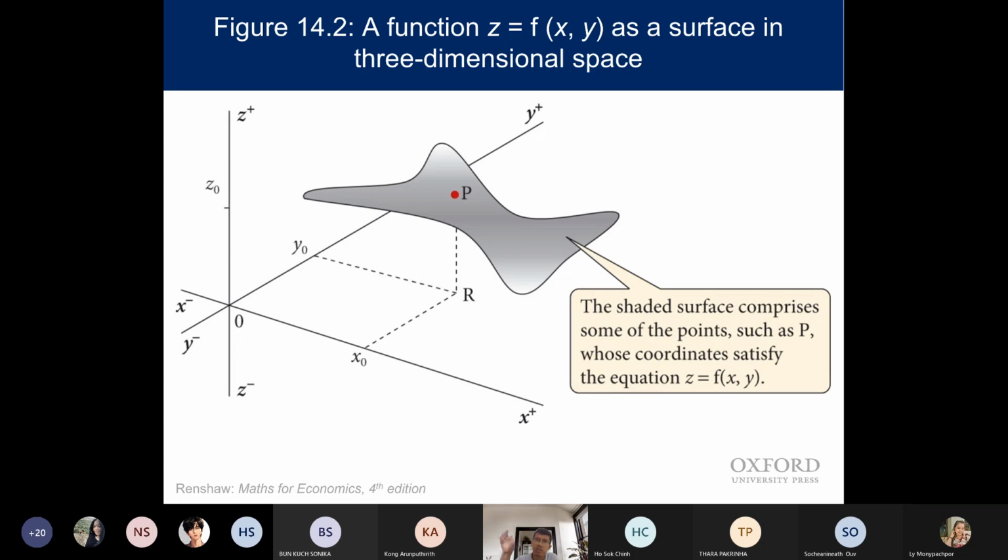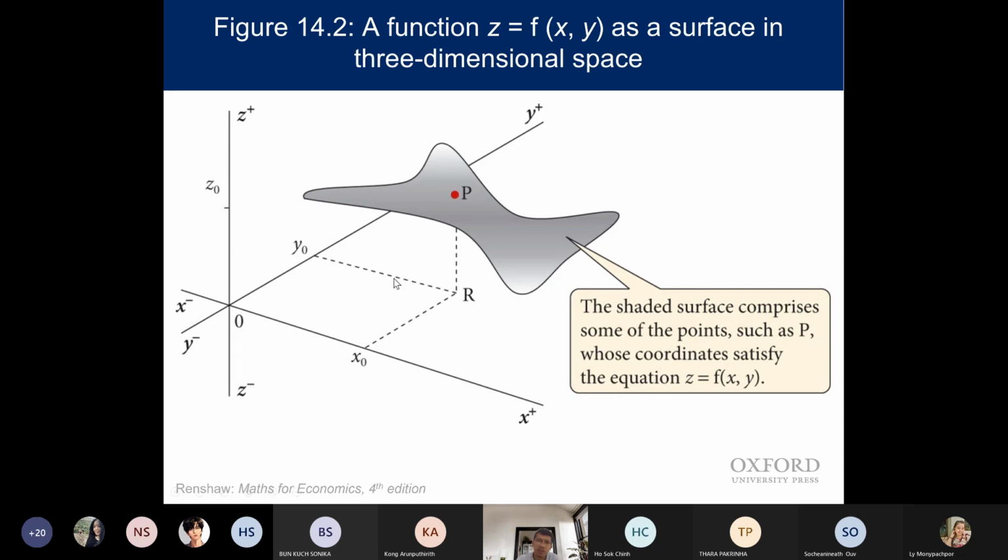But now we have an additional dimension, so you have to create one more room for the new dimension, so that you have to deal with three-dimensional space. So in this case, the graph of the two-variable function z is no longer a curve but a surface. Okay, the graph of the function z in terms of x and y is actually a surface.